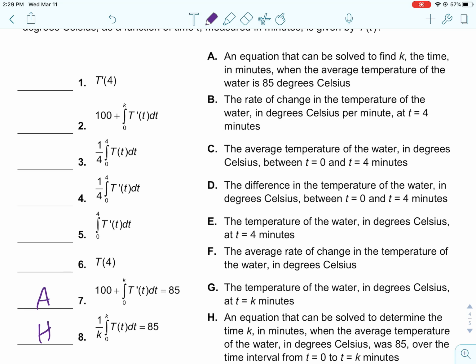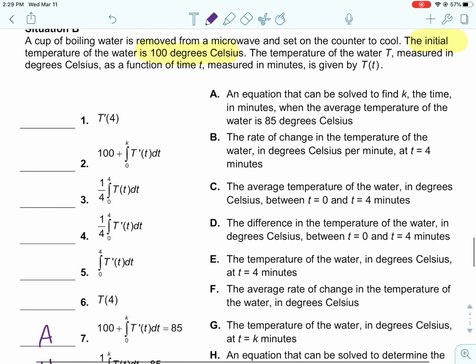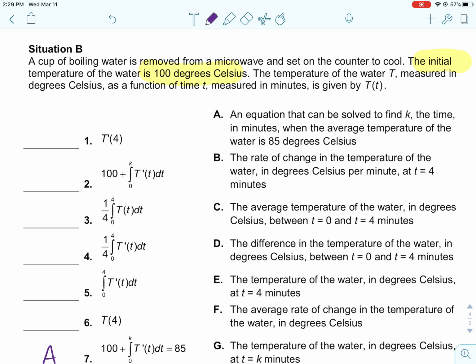So when it's talking about temperature, you don't use a prime. We're talking about temperature. You don't use it. Correct. The function is temperature.